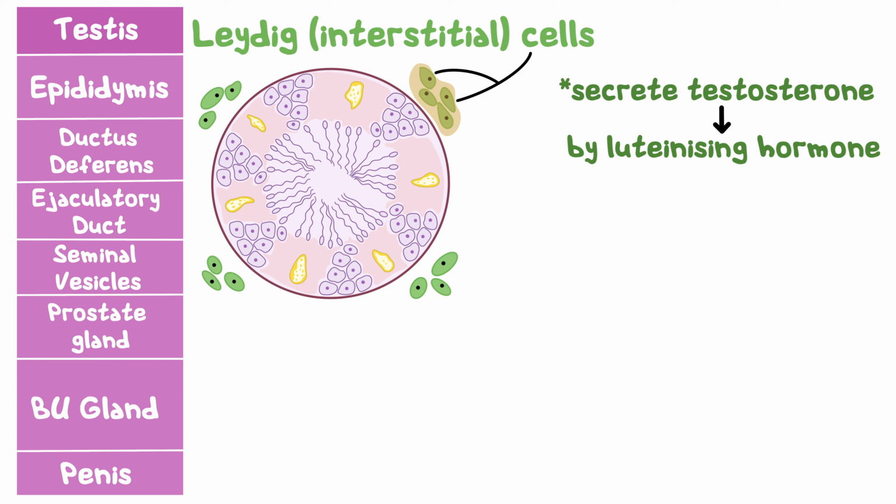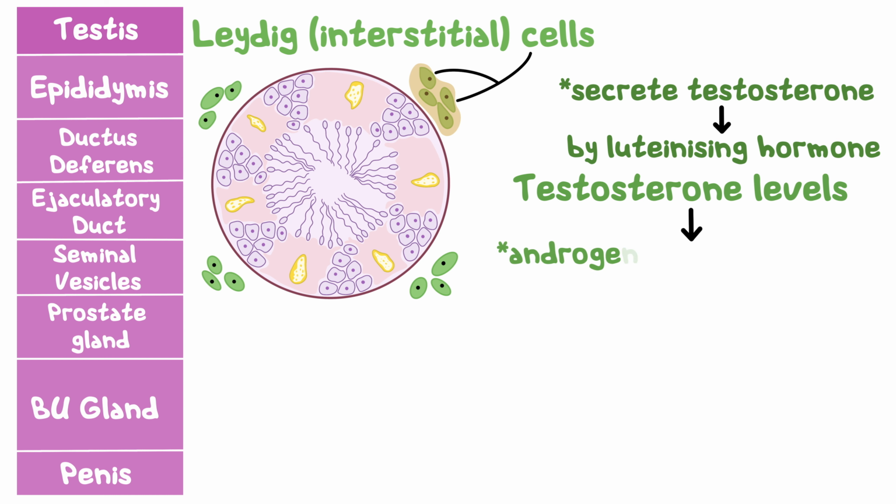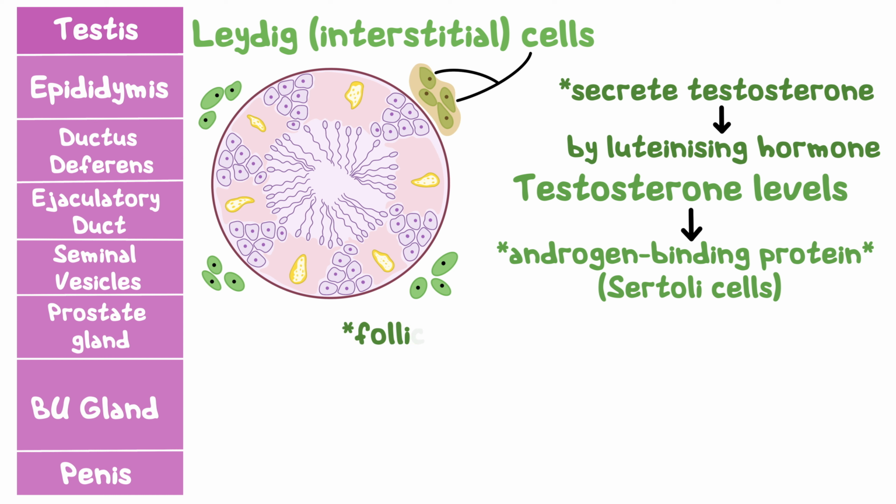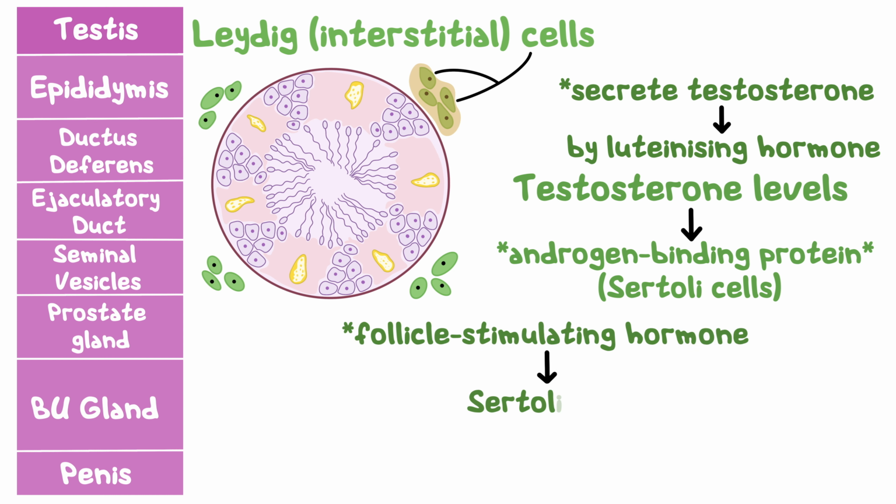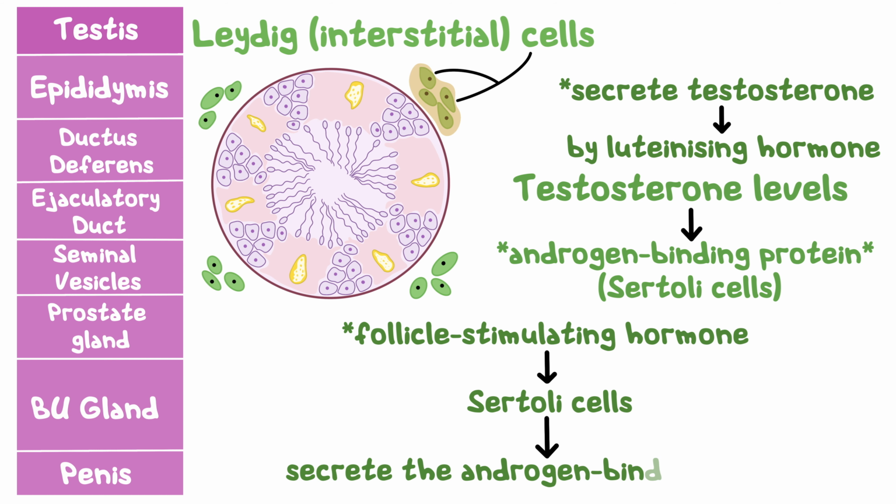However, circulating levels of testosterone are insufficient to maintain spermatogenesis. Testosterone levels in the testes are kept high enough to stimulate spermatogenesis, as the androgen-binding protein secreted by Sertoli cells binds testosterone in the testes. Another hormone from the anterior pituitary cells, follicle-stimulating hormone, stimulates Sertoli cells to secrete the androgen-binding protein.